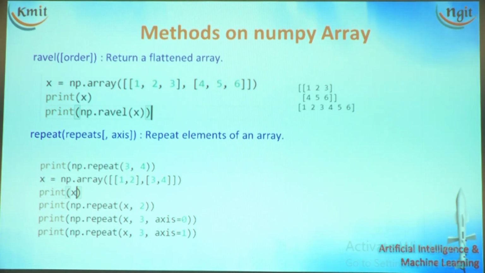Flatten will give you a copy of the array. Ravel works with the original array and might change it. Clear, everybody? That's why two methods. Sometimes you don't want to change your original data, and don't want to hurt the data you have. Then repeat, if you want to repeat elements of an array.